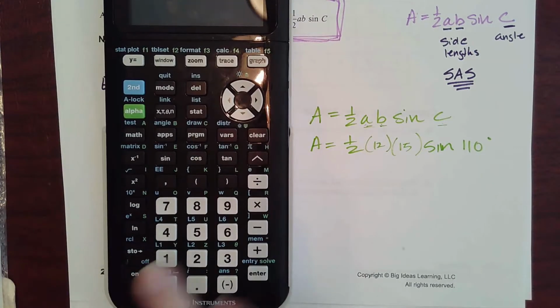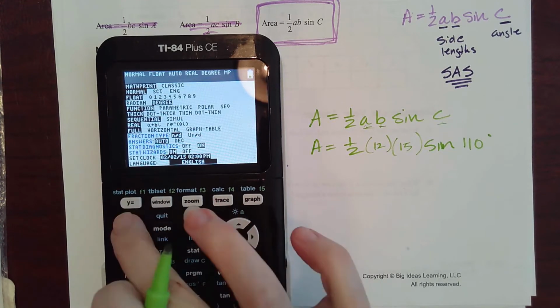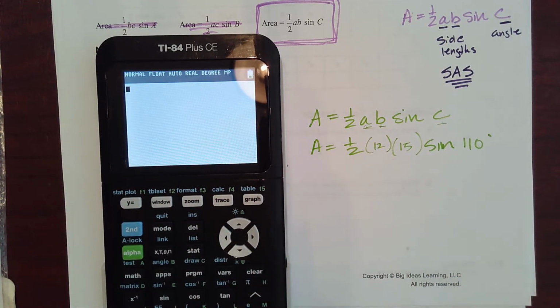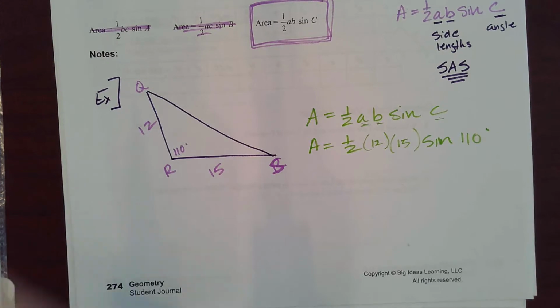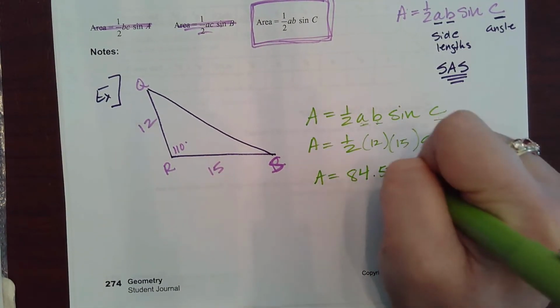All you're gonna do is grab your calculator. Make sure you're in degree mode, which I think everyone is as of right now. You're gonna do 1/2 or 0.5 times 12 times 15, and then just hit sine of 110. And that's it. You get an area of 84.57 units squared. So the area is 84.57 units squared.